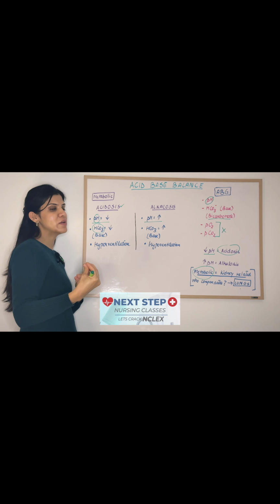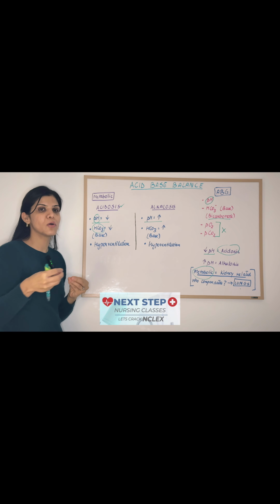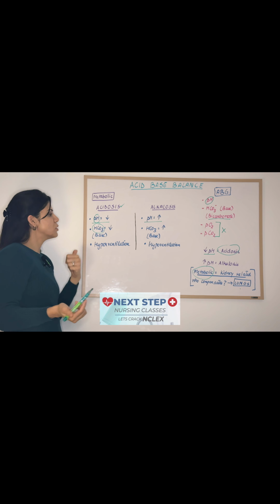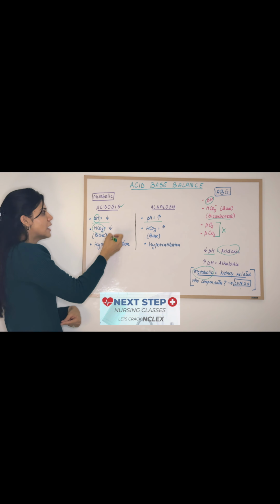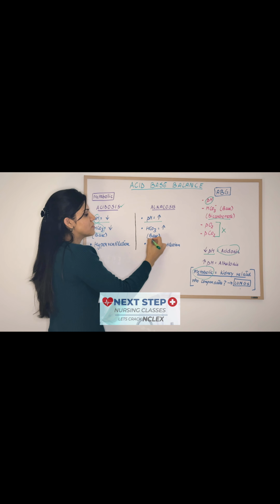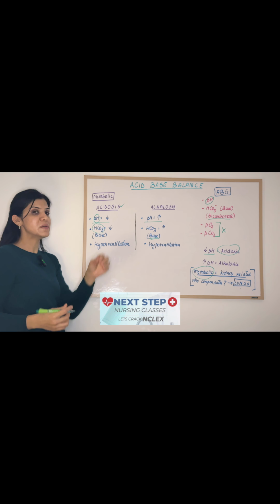And another reason, think about it: if the base increases, obviously the condition will no longer be acidotic, it will be alkalotic, or alkalosis. So here the base decreases with the pH. On the other hand, with alkalosis, the base is increasing, so the base is HCO3 and this condition is alkalosis, which means basic.